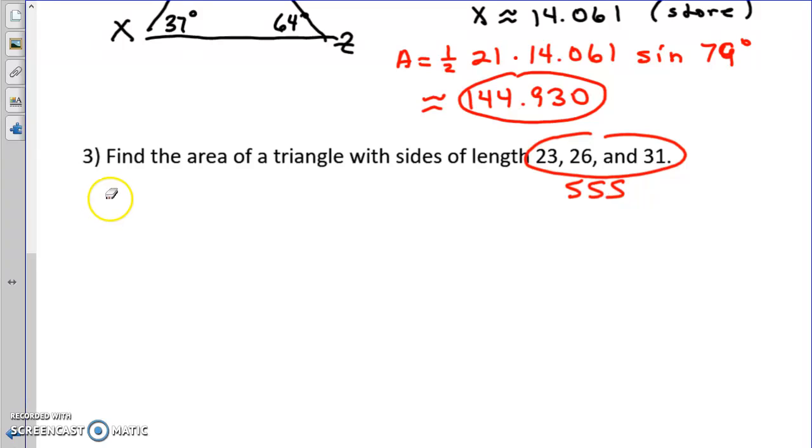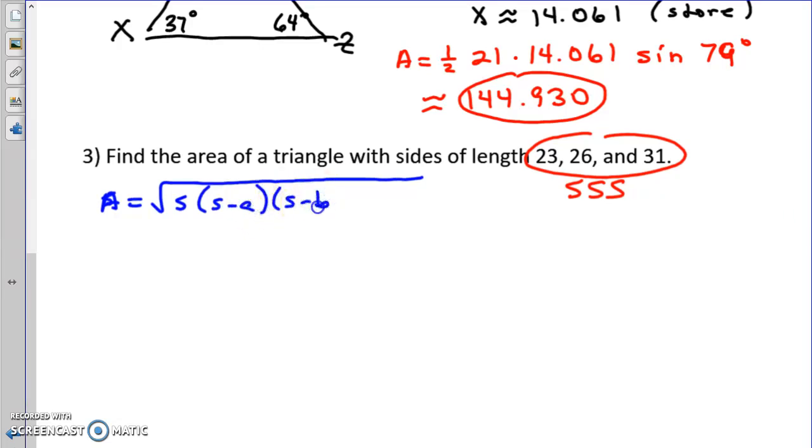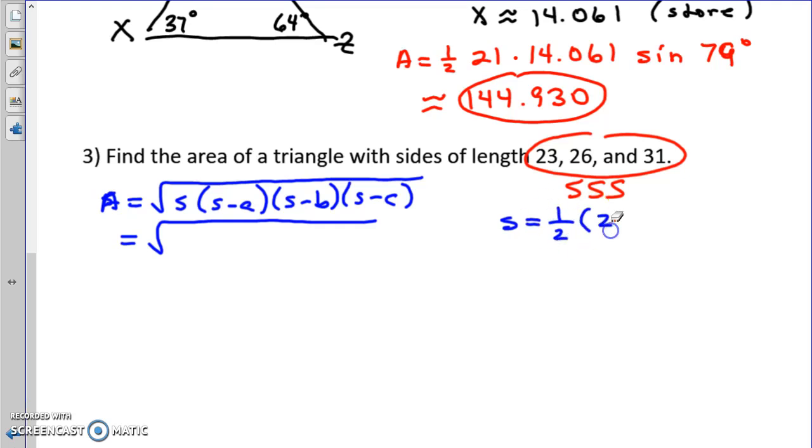Heron's formula is the area of the triangle is equal to the square root of S, the semiperimeter, times S minus A, times S minus B, times S minus C. And S is the semiperimeter, so S is 1/2 times the sum of all three sides. And that turns out to be 40.